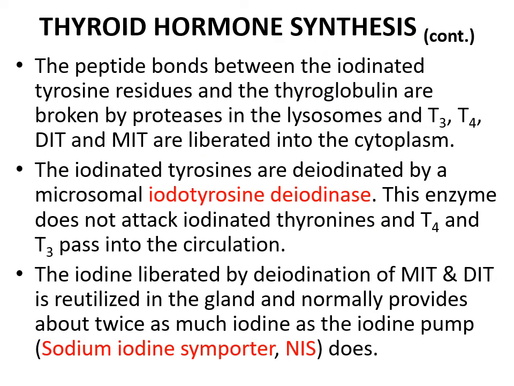So the peptide bonds between the iodinated tyrosine residues and the thyroglobulin are broken by proteases in the lysosomes, and T3, T4, diiodotyrosine and monoiodotyrosine are liberated into the cytoplasm. The iodinated tyrosines, diiodotyrosine or monoiodotyrosine, are deiodinated by a microsomal iodotyrosine deiodinase.